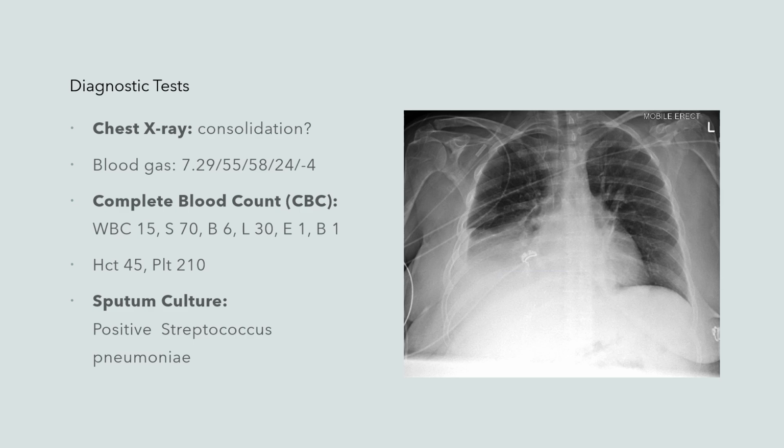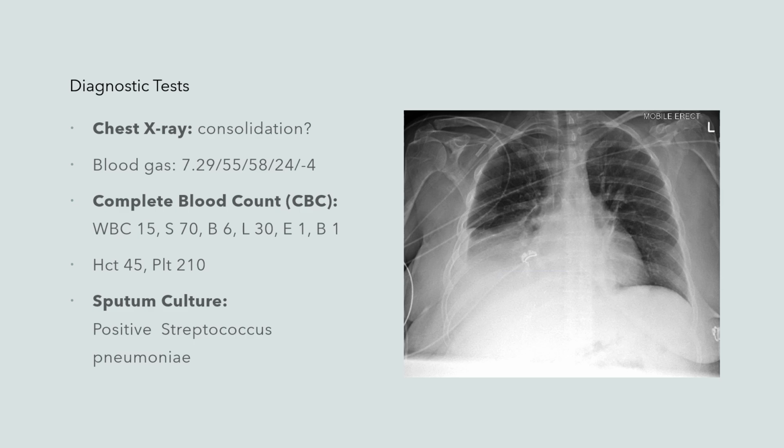But that right lower lobe, see how it's whited out? That's a consolidation that we see with pneumonia. So there's fluid, exudate, what we call pus, mucus trapping, clogging up that lower lung.